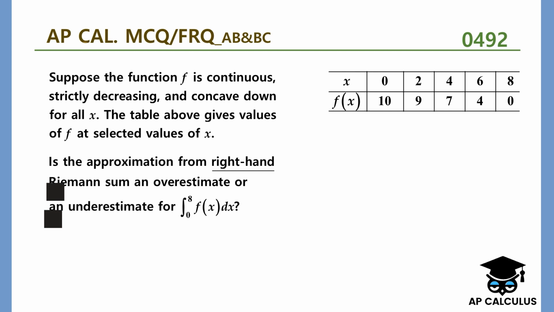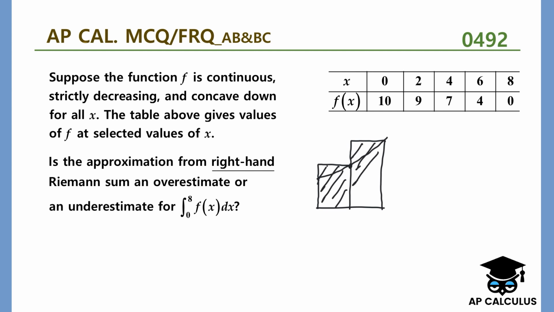If the function is increasing like this, then right-hand Riemann sum will be an overestimate, right? Because we'll have these rectangles. The area of these rectangles will be greater than the area under this curve, right? So if the function increases, right-hand Riemann sum will be an overestimate, right?